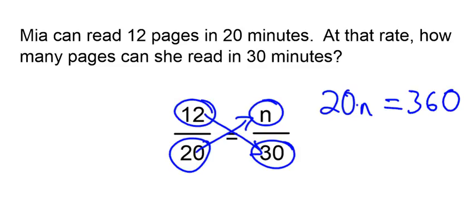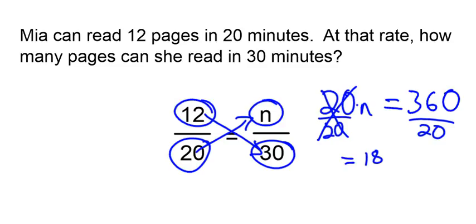Now we can rearrange this to solve for n. We're going to divide by 20 on this side, which eliminates the 20, so we divide by 20 over here as well. 360 divided by 20 is going to give us an answer of 18.